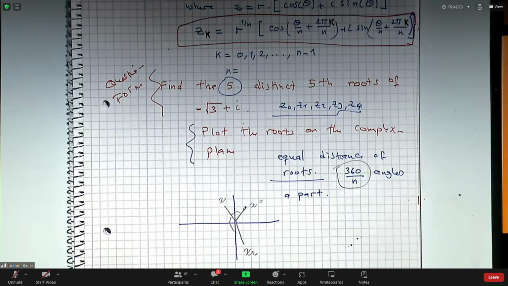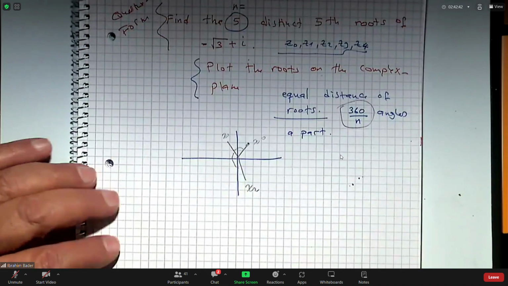If you have 3 roots, then you have something like the Mercedes star, right? You have 3, and each angle between the roots is how many degrees? Namely 120, exactly 120.